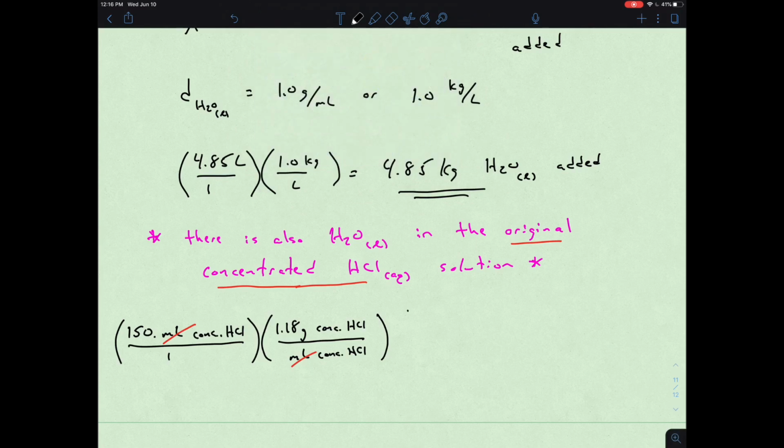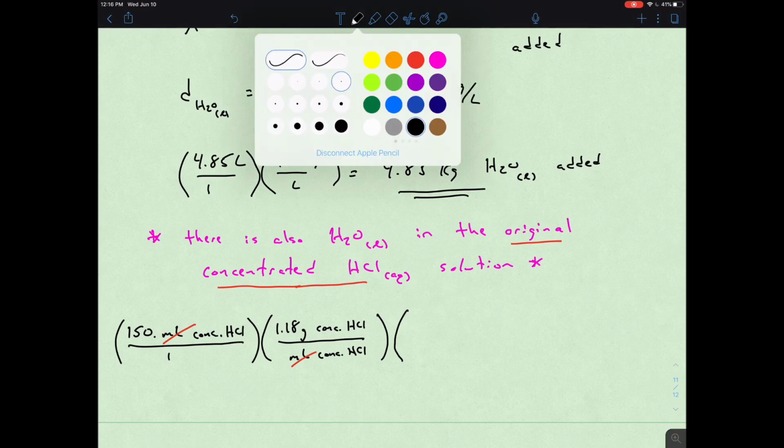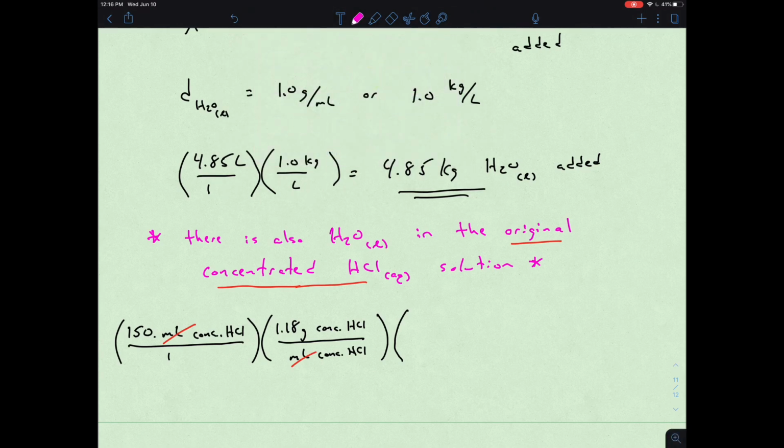And here we actually now use the percentage, realizing that if we look above, remember we were at 37% HCl by mass. That must mean we are 63% H2O by mass in terms of that original concentrated HCl solution, right? Always two components, a solute and a solvent. The solute is our HCl, the solvent is our H2O, but both of those components should add up to 100%.